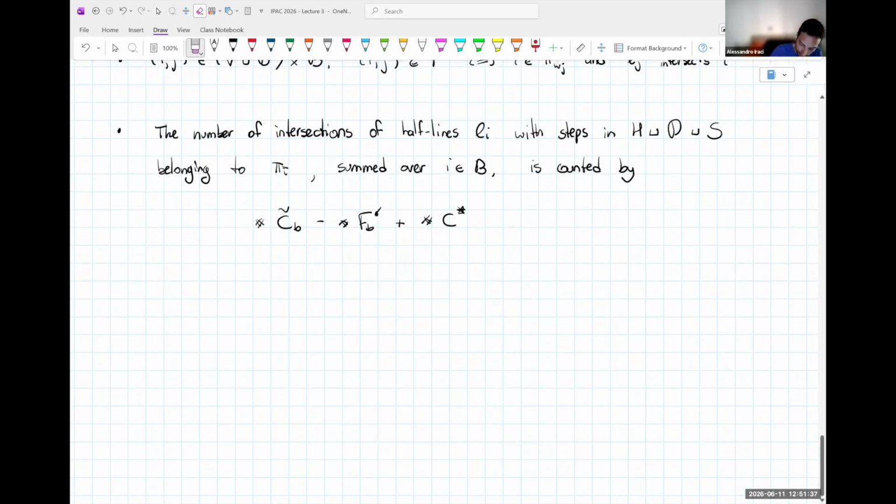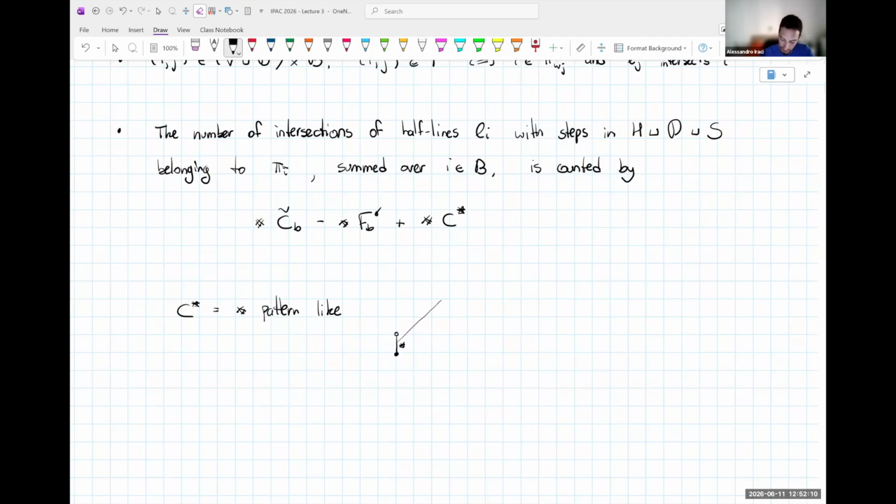So C star is the number of patterns where we have one decorated step. Well, I guess we can draw it in the ENS representation. So we have a south step that's decorated. We consider it again empty above, full below.